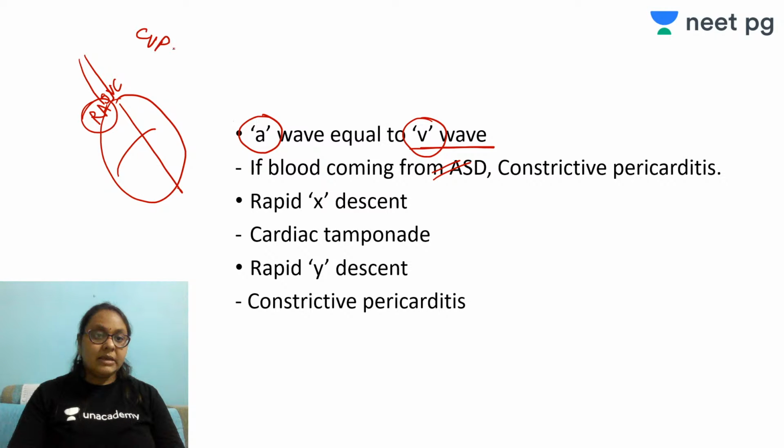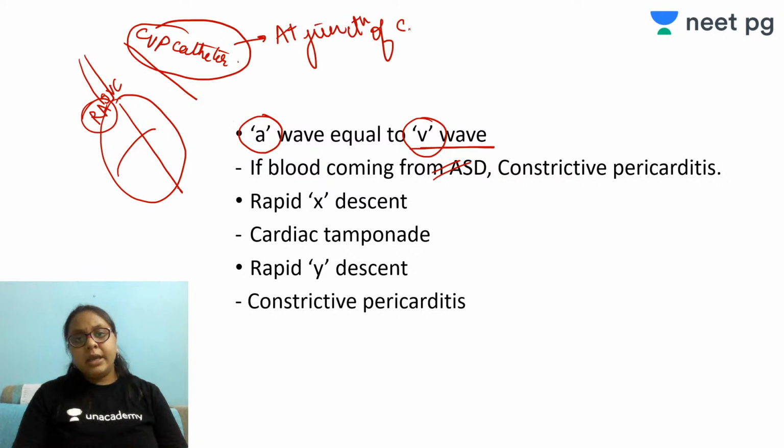Tomorrow I'll tell you this in detail, but for now, the CVP catheter is positioned at the junction of the superior vena cava and right atrium. Is it clear?